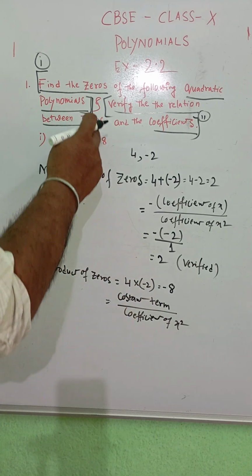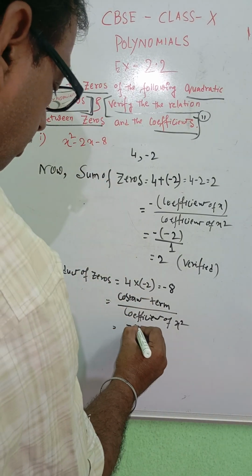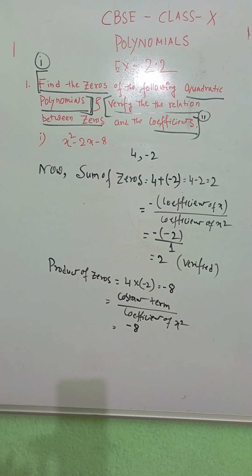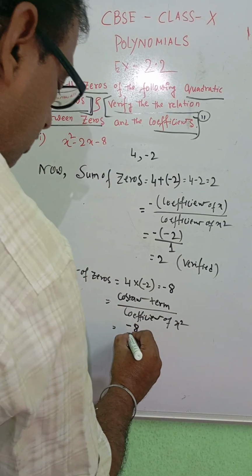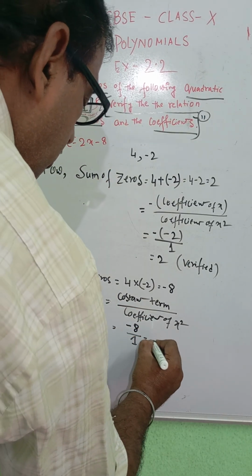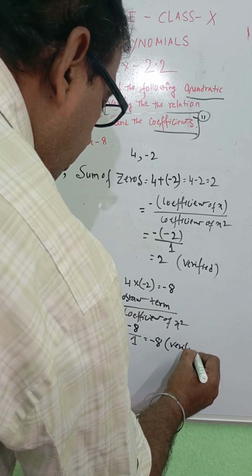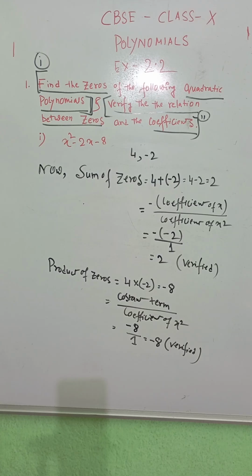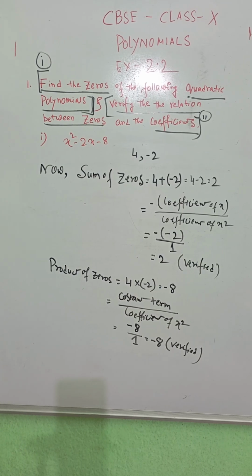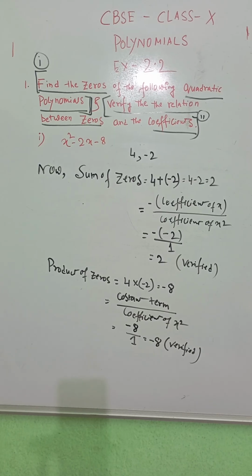Now what is the constant term? Minus 8. Coefficient of x square is 1. So the second part is complete. For each and every term we have to do in this way. It's clear?